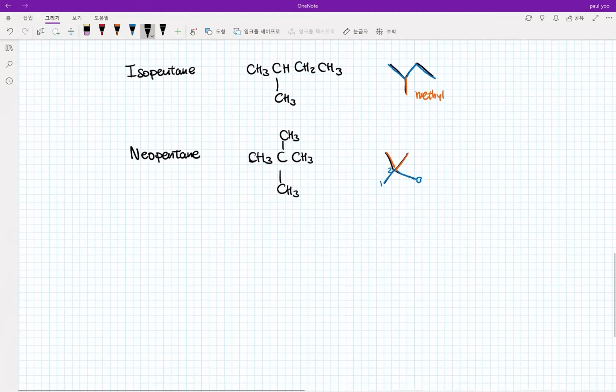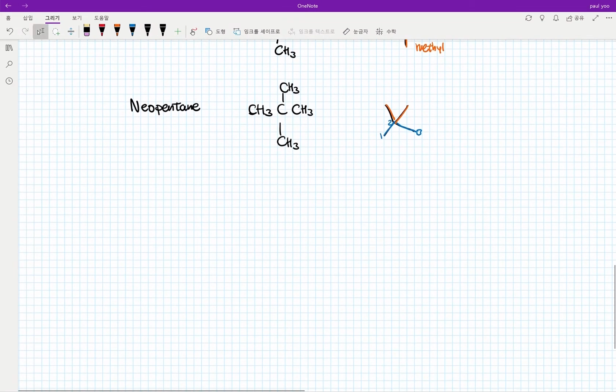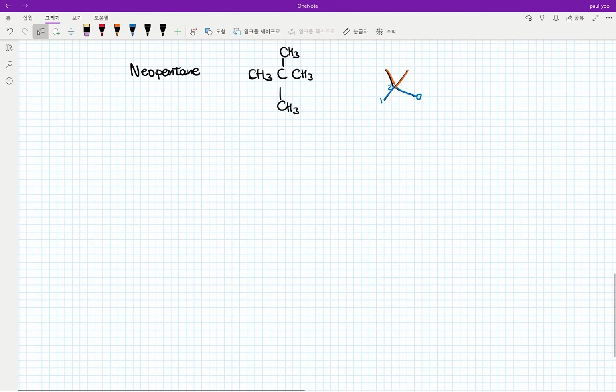Now, let me draw some methyl branched formulas and let's differentiate them if they're actually different. So CH3, CH, CH2, CH3, CH3 is a pentane isomer because we have 1, 2, 3, 4, 5 carbons.